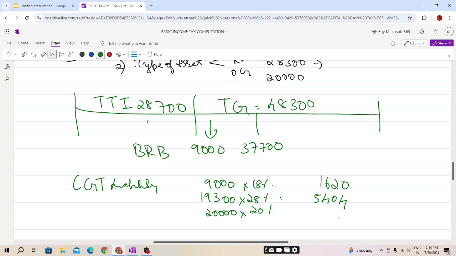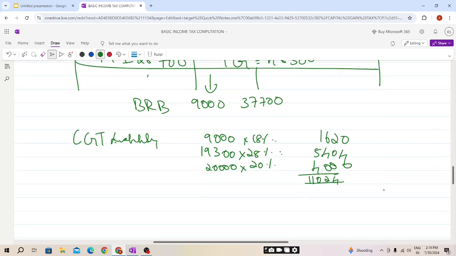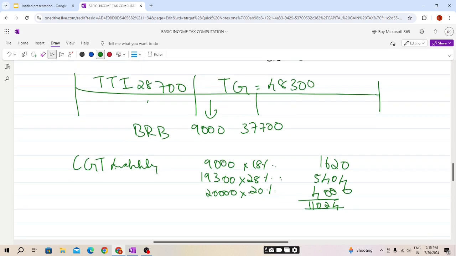This will be 4,000. So our total CGT will be 11,024.